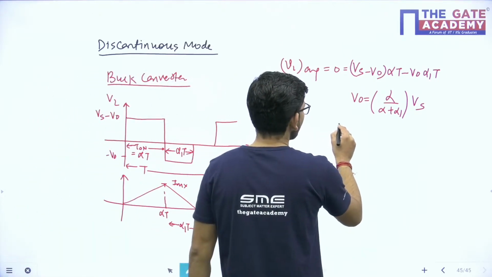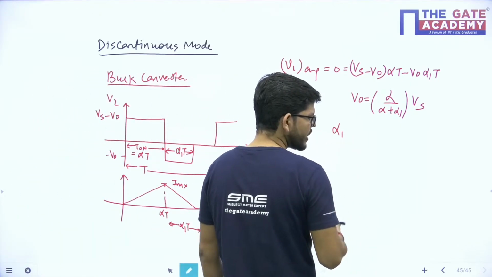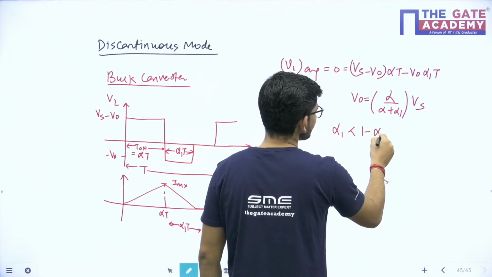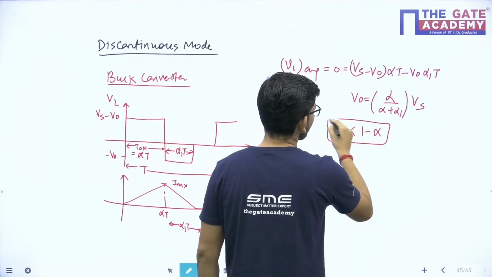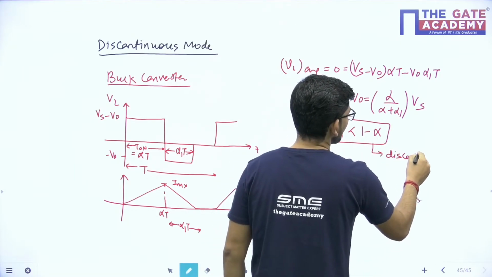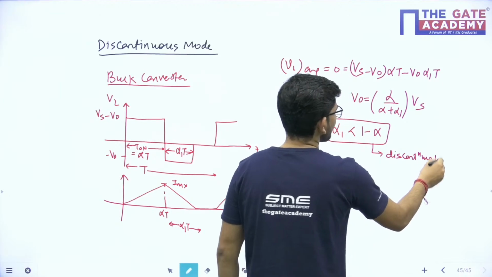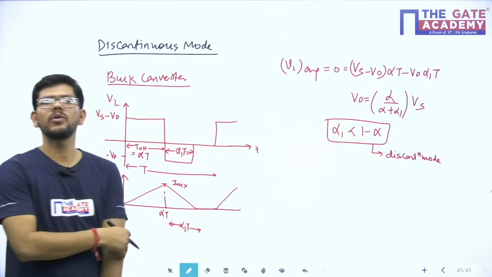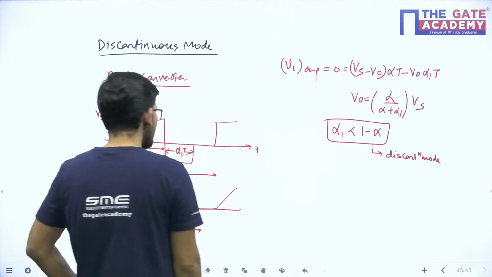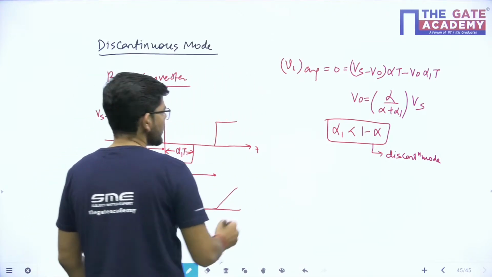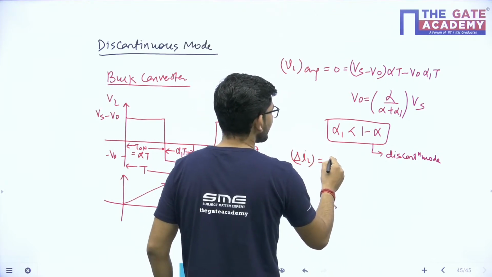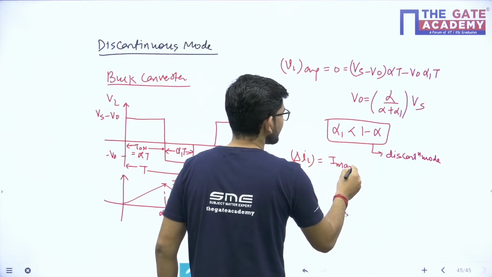Now what is the condition for discontinuous conduction? Alpha must be less than 1 minus alpha for discontinuous mode of operation. Now what will be the del IL? Here del IL is only equal to I max.